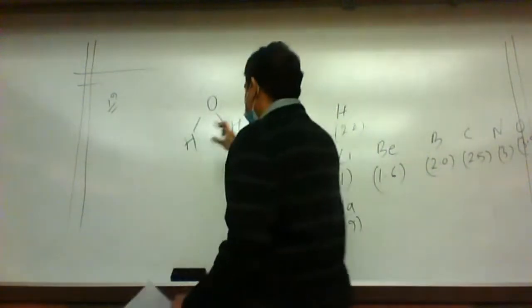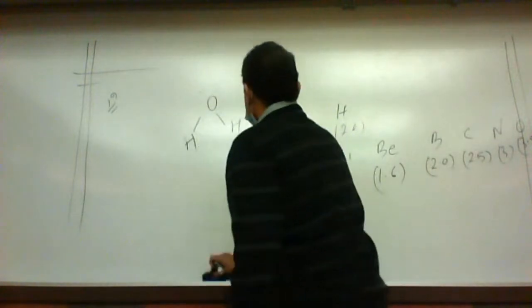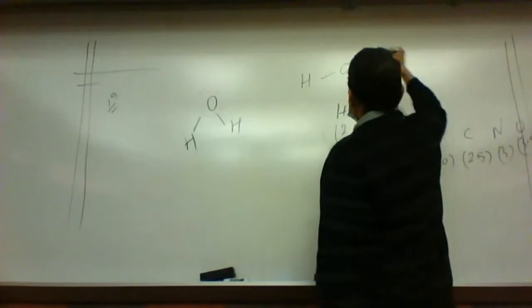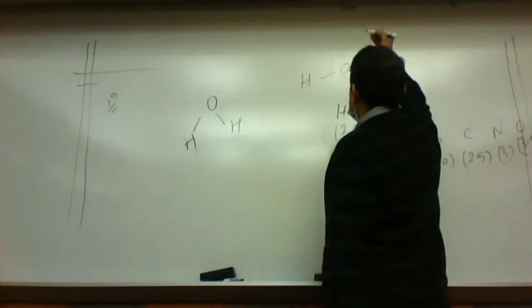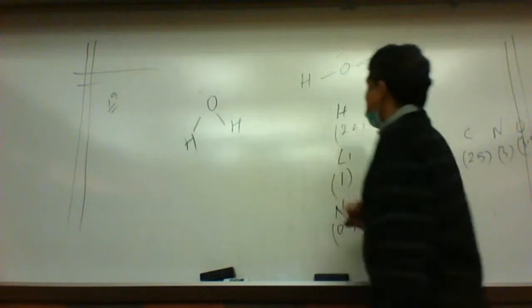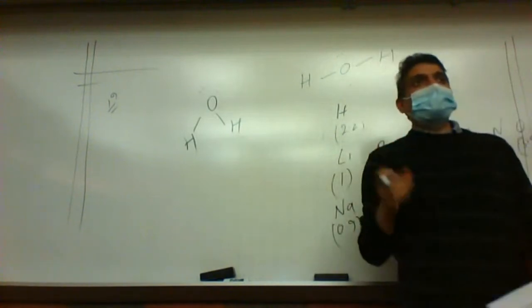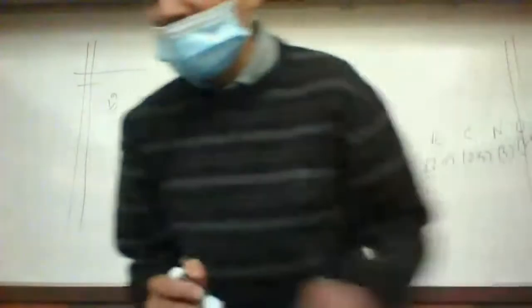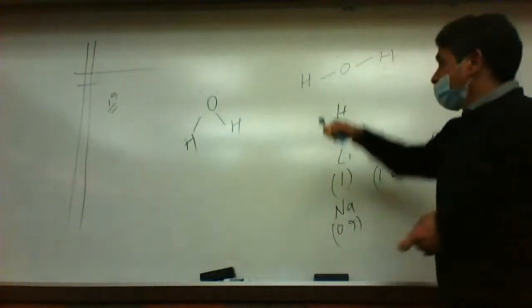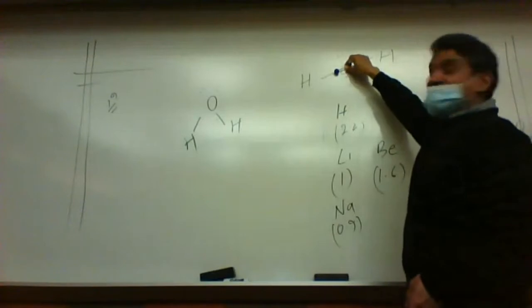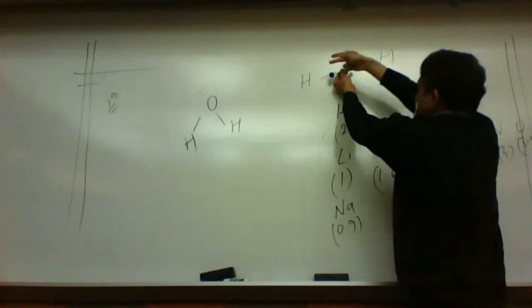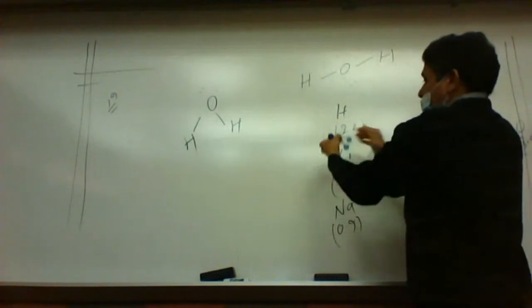Make sense? But let's say this molecule is like this: hydrogen, this is oxygen, this is hydrogen here, and one electron pair goes the other way. If it was like this, it would be non-polar, because it would be completely symmetrical.